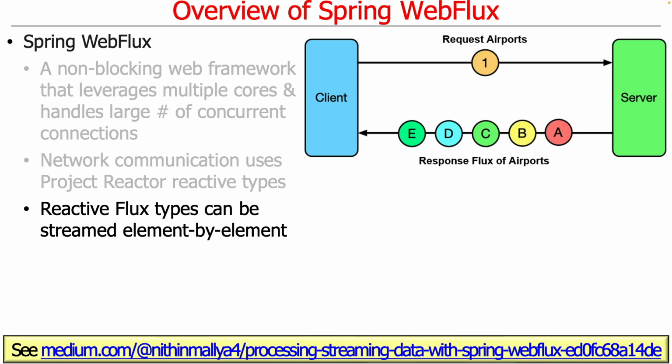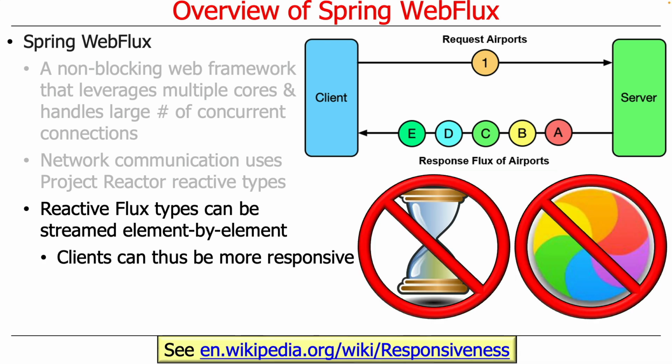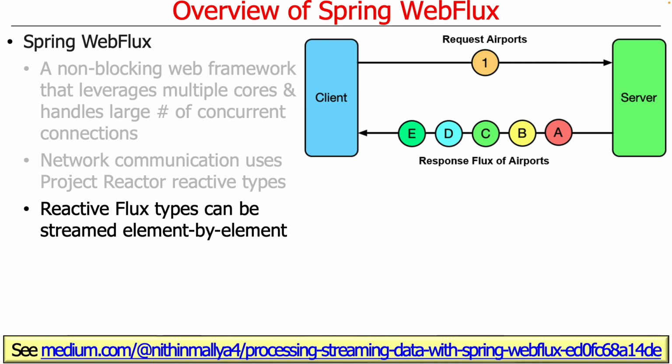So what makes these reactive types, especially fluxes, interesting and powerful is that they can be streamed element by element. So you might say, I would like to get the list of airports, and it'll give you back a flux of airports. And what's useful about that is you don't have to wait for all the elements to be assembled on the server side before the various things are streamed back to the client.